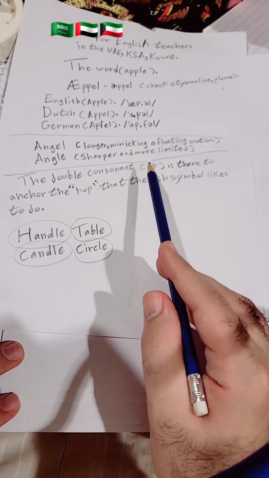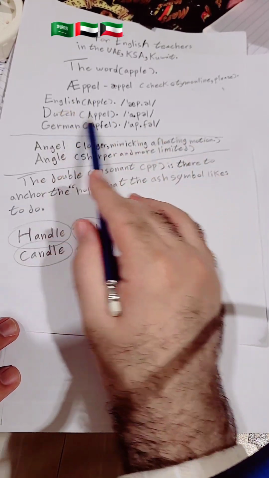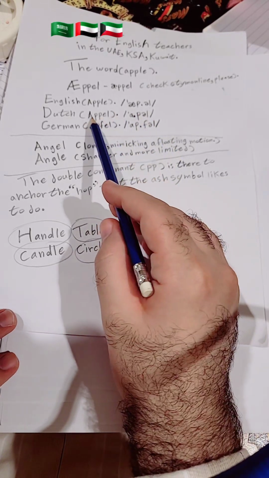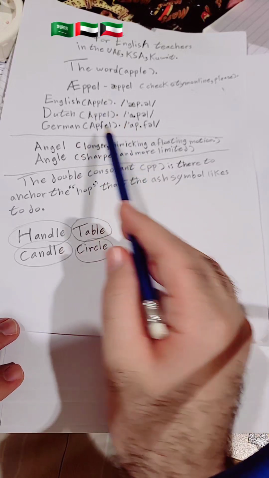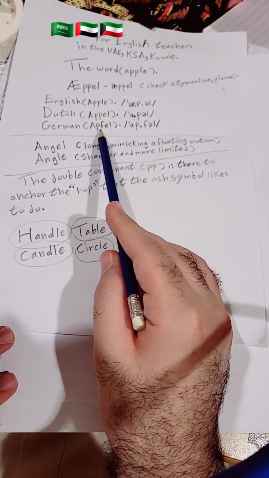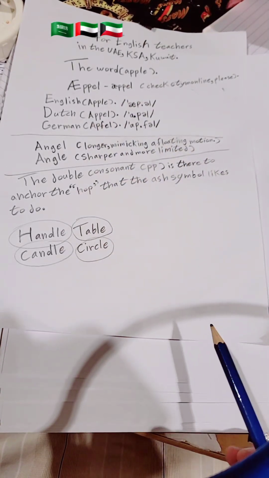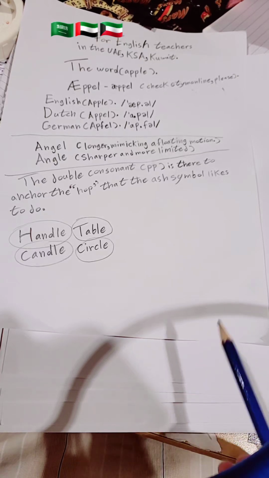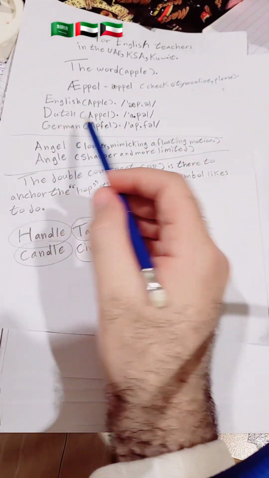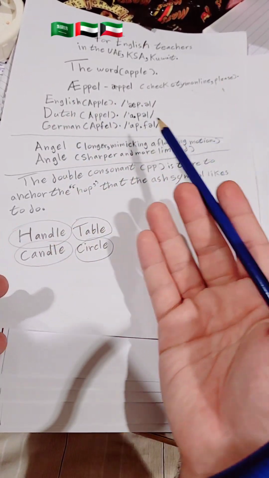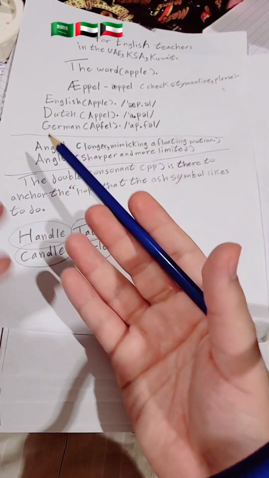I'm going to teach you that reason in this video. So in Dutch, it's apel. It's just a more gentle beginning. In German, it's not a double P sound, but P and F as well. So it's Apfel in Deutsch. In Germany, their language is called Deutsch. Dutch is a different language, but they are all related.